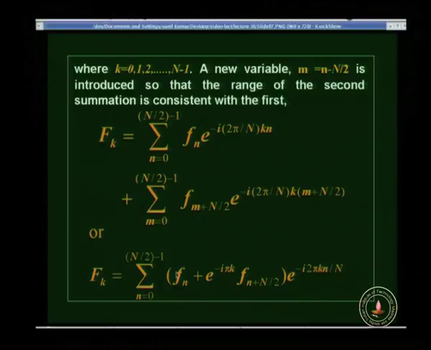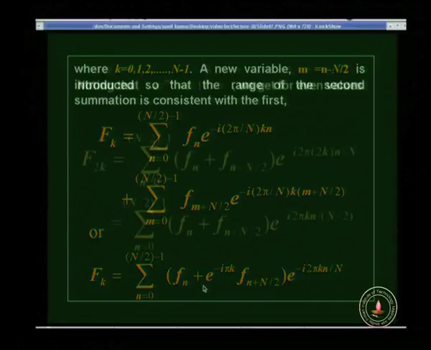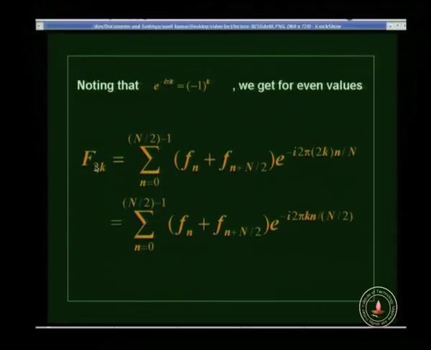So this odd and even k's can be separated here. Okay, that is what we do. And then we will write for the even function as plus, right? For the even function now it's plus. So now k is replaced by 2k, such that k goes from 0 to N by 2, and then we have only the even values computed here, and for the even values it's plus because e to the power of i 2 pi k is minus 1 to the power k, and it is plus 1 for even k.